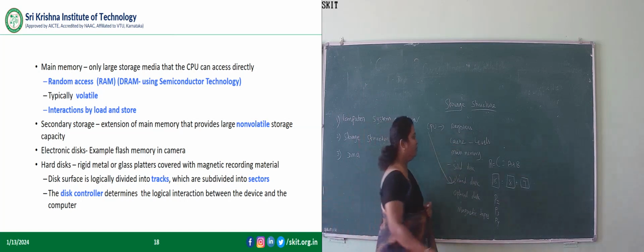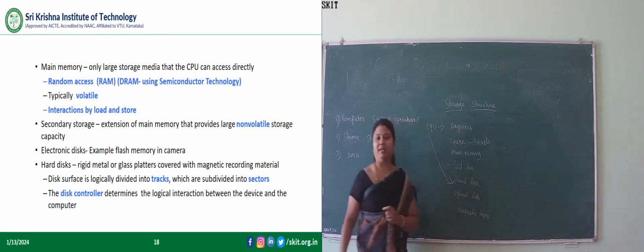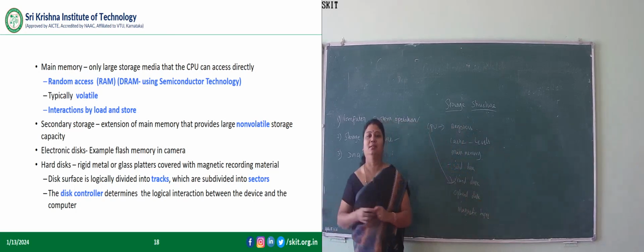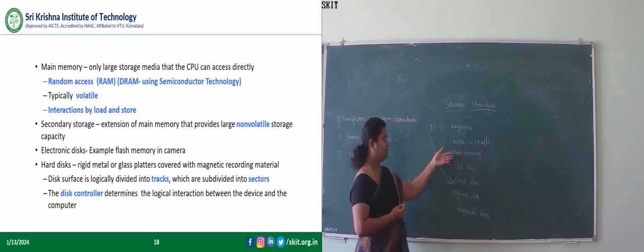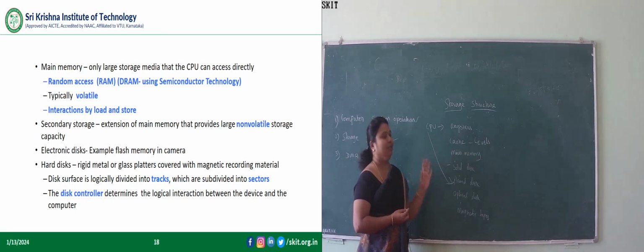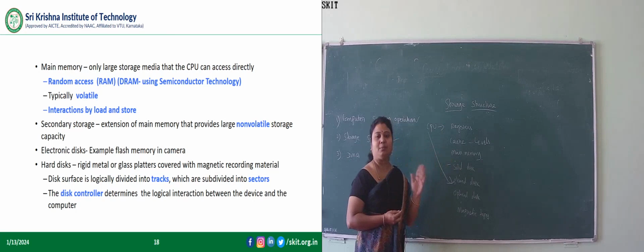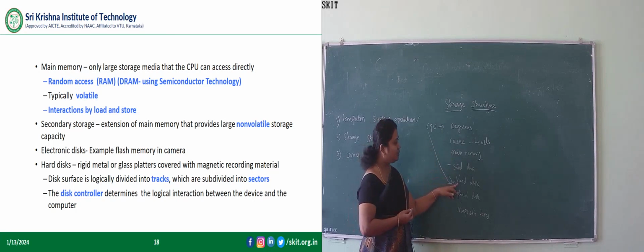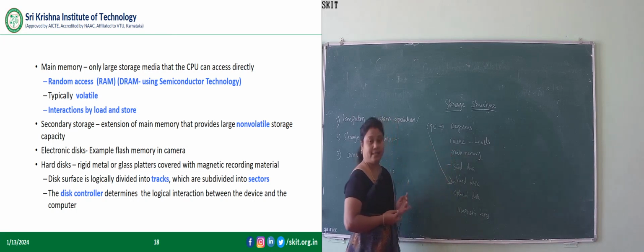The main memory has large storage compared to the other two. The CPU can access it directly, because it accesses through the cache and registers, but when the CPU wants to run something, the data should be brought to the main memory, and only then can the particular process execute. Whenever it is in the hard disk, it is called a passive process. When it is brought to the main memory, it is called an active process, and it will start execution.